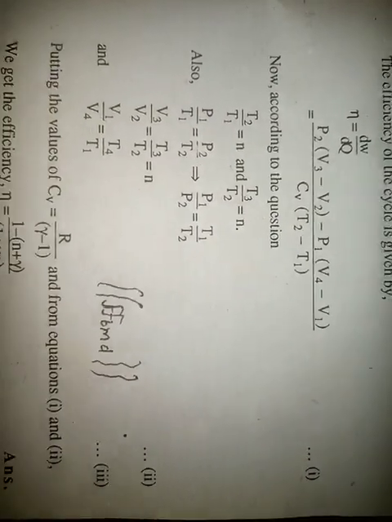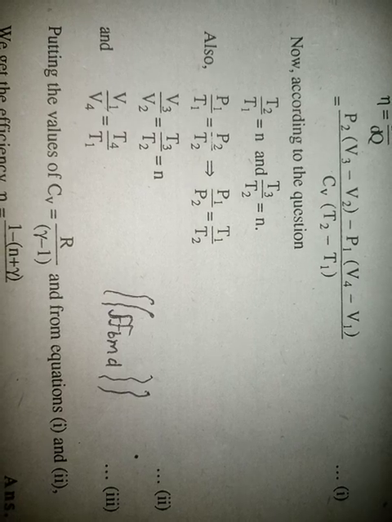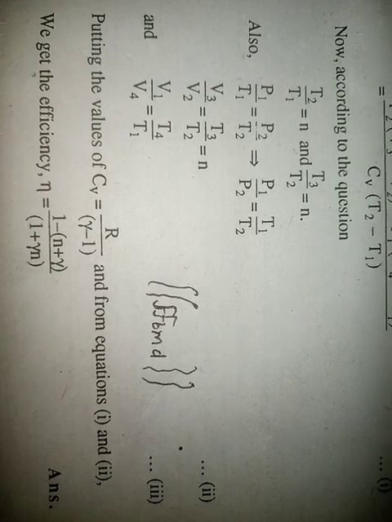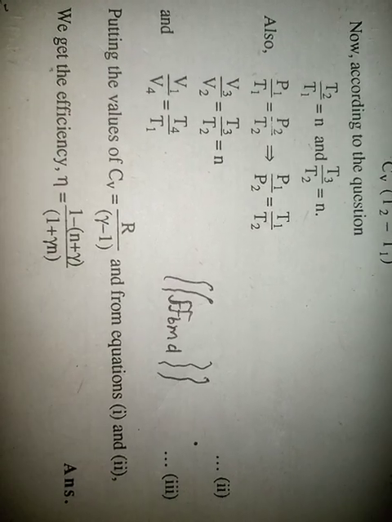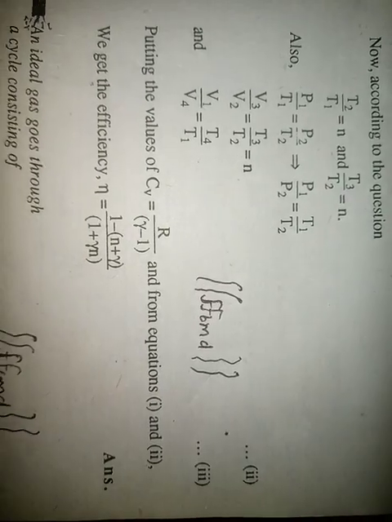Now according to the question, T2 by T1 equals n and T3 by T2 equals n. Also P1 by T1 equals P2 by T2. This implies P1 by P2 equals T1 by T2. V3 by V2 equals T3 by T2 equals n. And V1 by V4 equals T1 by T4, equation 3.